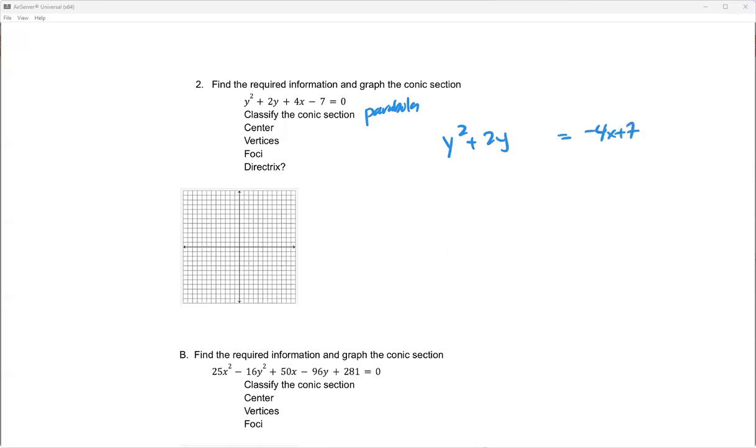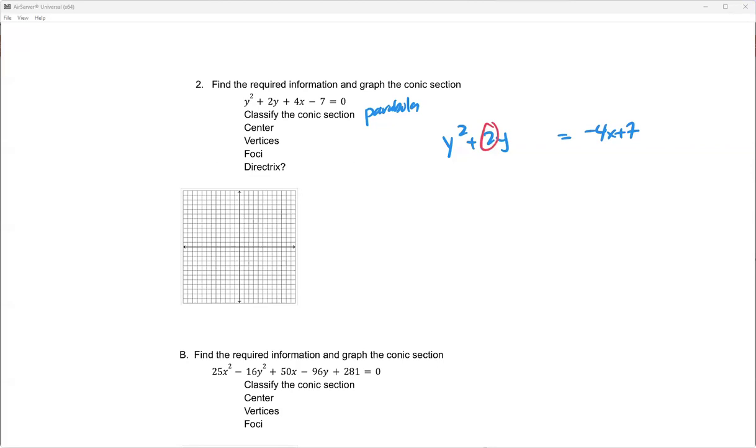I tell you over and over again, I think you should move everything to the other side because it's easy to make a mistake if you don't. All right. It's up to you. You don't have to move everything to the side, but I've seen too many mistakes with that. So I would if I were you.